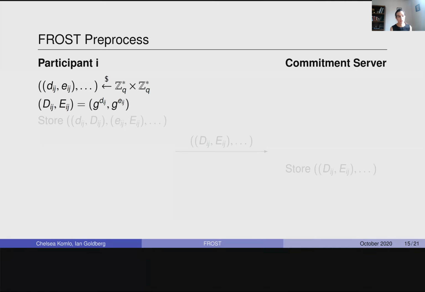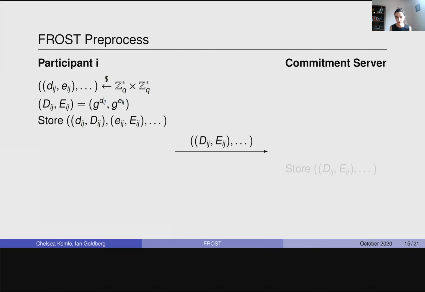This is a little analogous to what we saw in single party Schnorr, but in this case, every participant generates 2 nonces and 2 commitments. They can do this in batch, which is why we have these IJs here. Then they'll store these values locally, and then they'll publish their commitments somewhere.